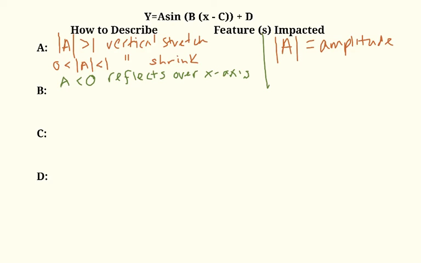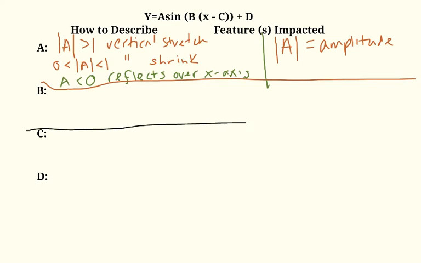So that's what a does. I want to hold off on b because b is a little bit more confusing. I'm going to move on to the other two that I'm pretty sure we're more comfortable with, and I'm going to go to c next. If I put a number inside, adding or subtracting from the x, that's going to impact the left or rightness of our graph.